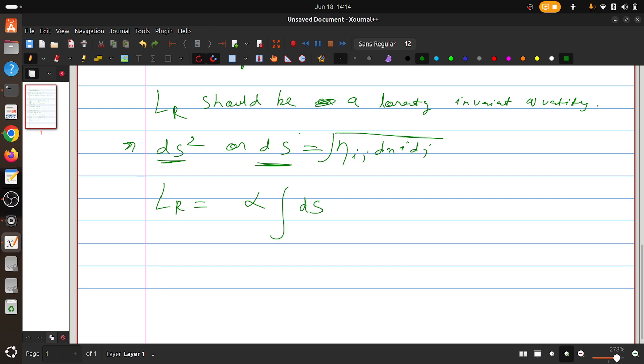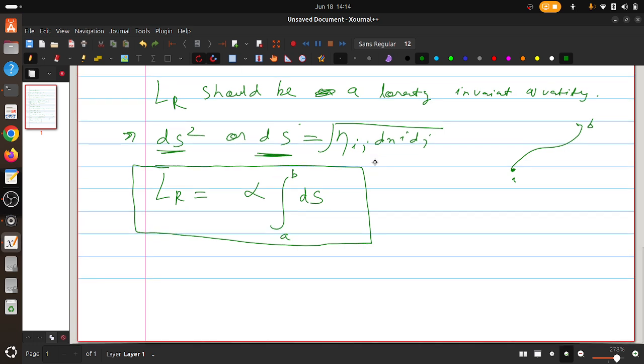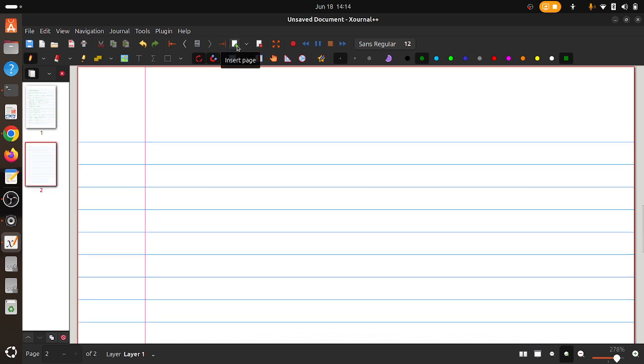And this ds would be, let's say, for some event from a to b, so we are integrating from a until b. So this should be our relativistic Lagrangian, right?